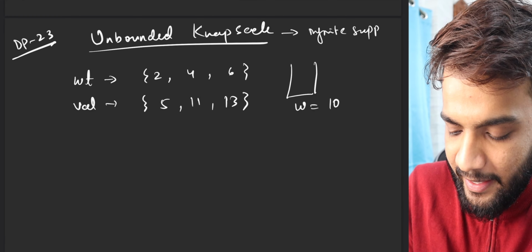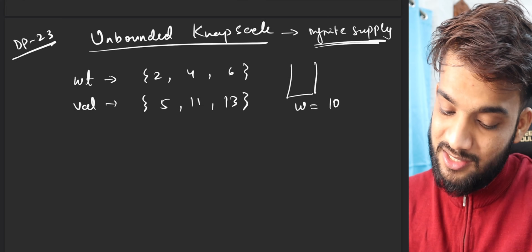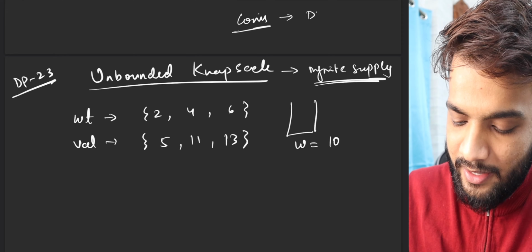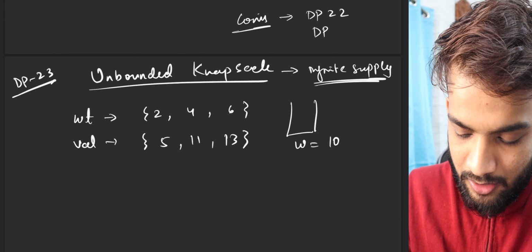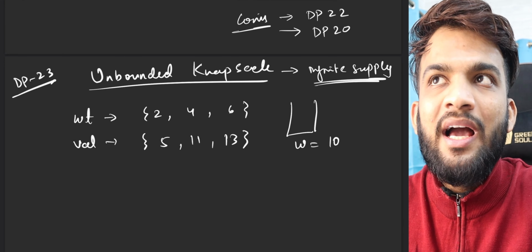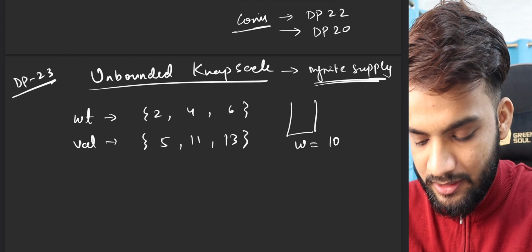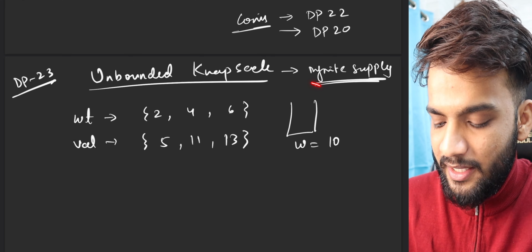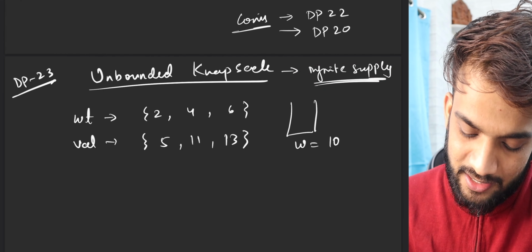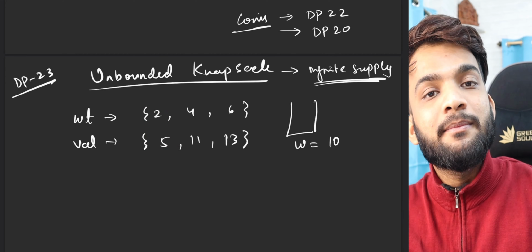Similar to the previous questions, coins in DP 22 and DP 20 that we did, where we were told that there will be an infinite supply of every item. That means you can pick a single item as many times as you wish.